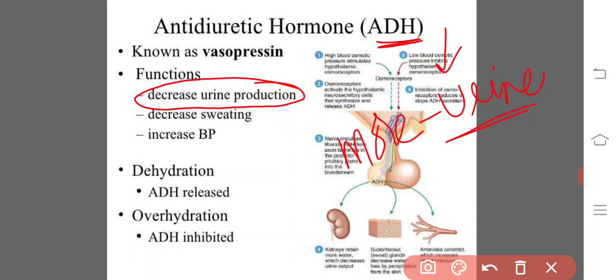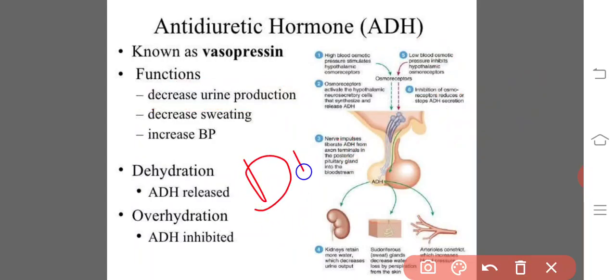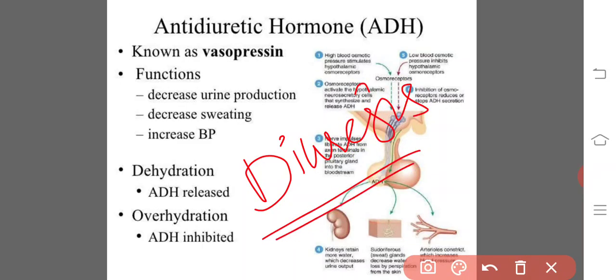Losing more water through the urine is termed diuresis, in medical terminology. ADH stops the diuresis, so that it is antidiuretic. Actually, it is vasopressin. It restricts the release of water along with the urine, so it is the antidiuretic hormone.